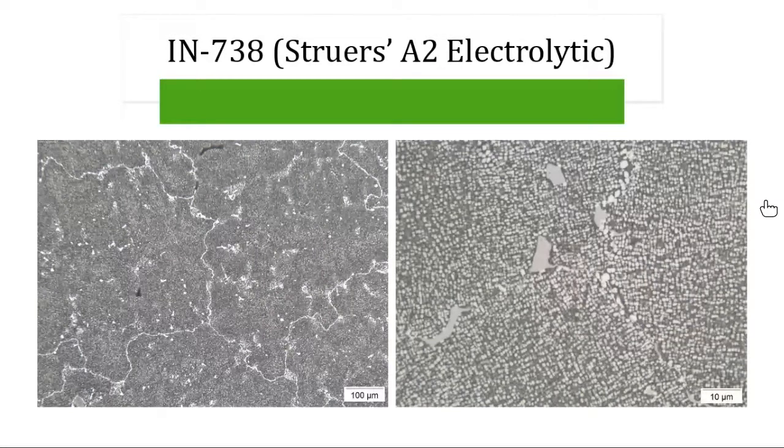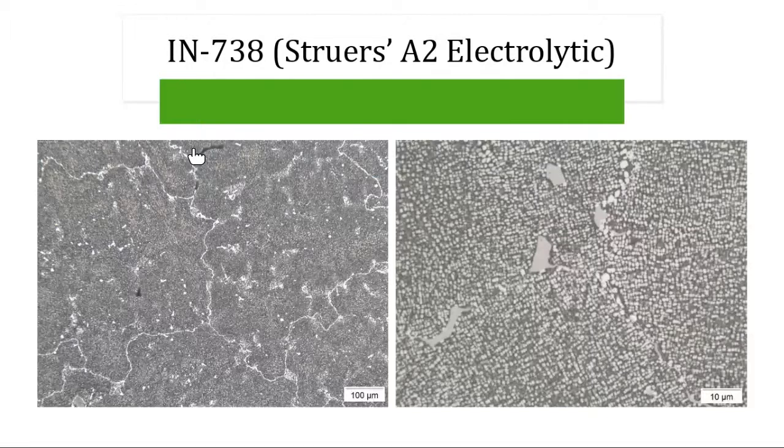This is the same turbine sample, but very different. I am at 100x on the left and 1000x on the right. Now you can see the gamma prime. The gamma prime in this case looks evenly dispersed. You do not see an agglomeration of it. I have carbides sitting in the grain boundaries and within the grains.